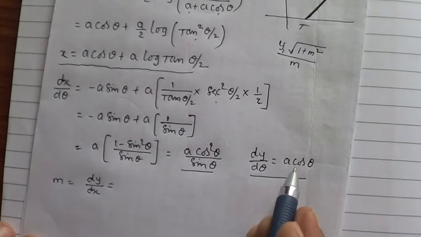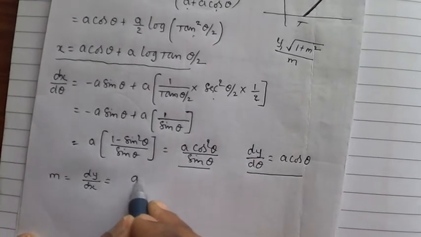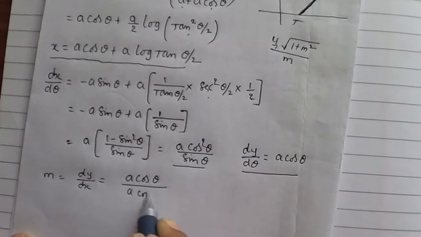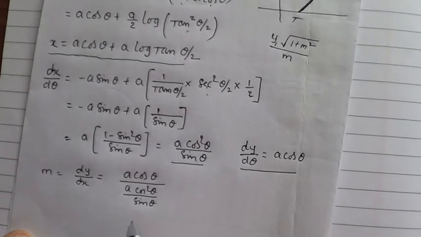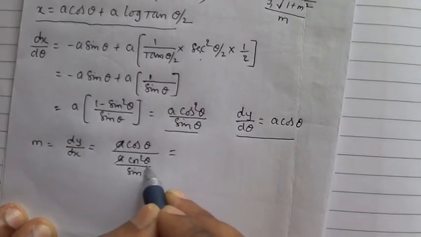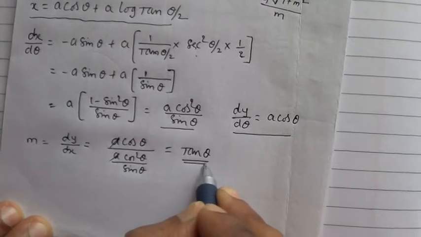So dy by d theta by dx by d theta, that is nothing but a cos theta divided by a cos square theta divided by sin theta, right? So here a cancels, cos theta also cancels, we are getting the answer as tan theta, that is the m value.